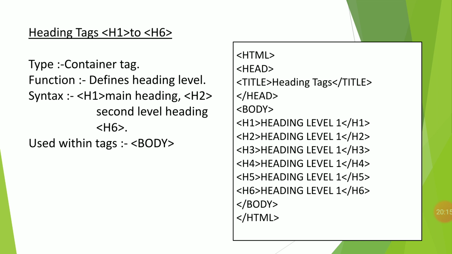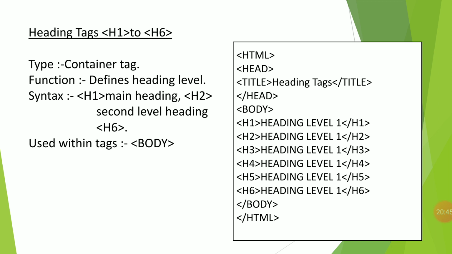We have H2, H3, H4, H5 and H6. The heading tag type is a container tag. Its function is to define heading levels. The syntax I mention in the example also, and this heading tag we must use inside the body tag.